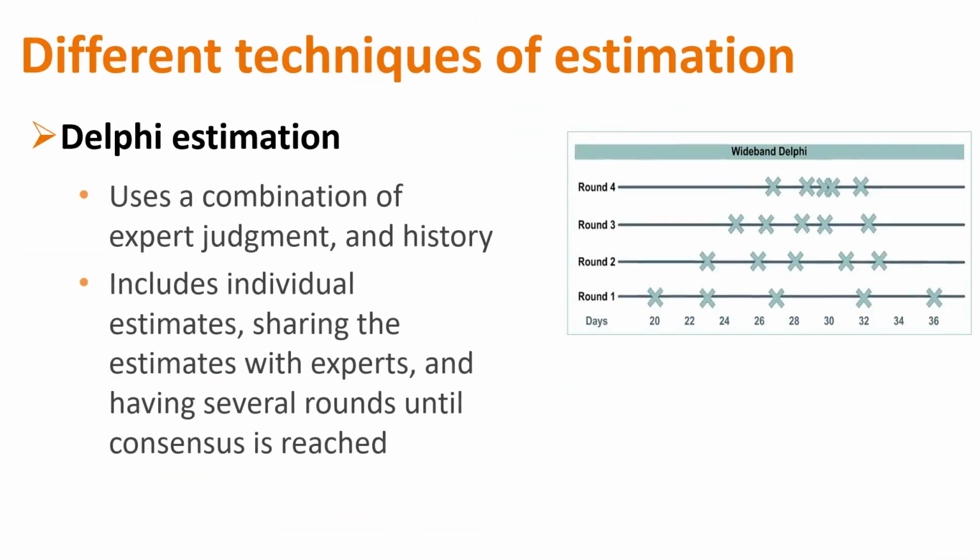We have Delphi. Wideband Delphi. This is what I was referring to when I was talking about voting, right? This is a form of voting. So what you would do is in the very beginning, you say, this is what we're going to do. And you have, this is giving you an example of 5 experts. So what happens with Delphi is someone gets up in front of the room and explains what it is we're trying to accomplish.